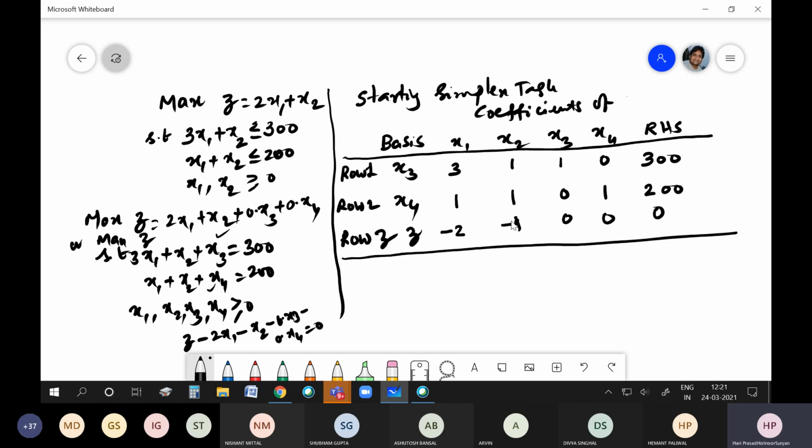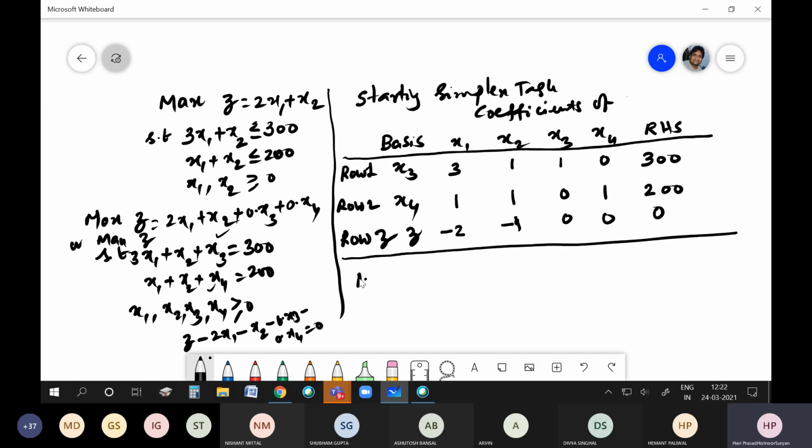See, there are properties of this simplex table, that it should satisfy two conditions. The first condition is that each basic variable, what are the basic variables for this table? x3 and x4. Basic variables are those which have some non-zero values.